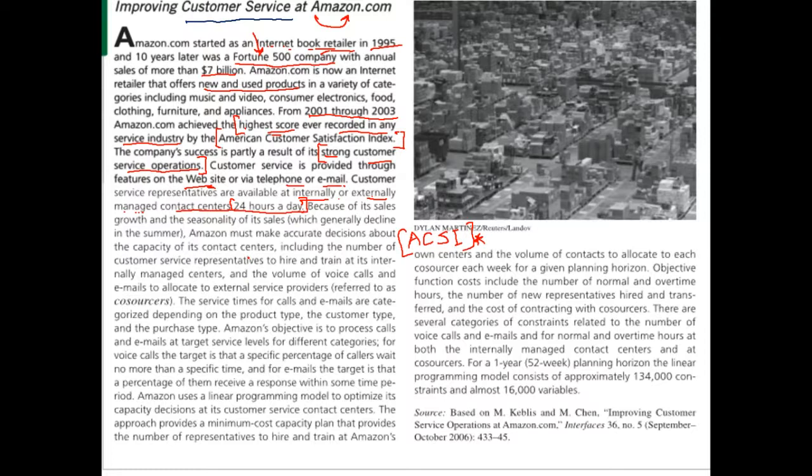So because of its sales growth and seasonality of its sales, seasonality means what? By season. So this may be only limited to USA or the Western market, but now Amazon operates everywhere. So the seasonality will vary from place to place.